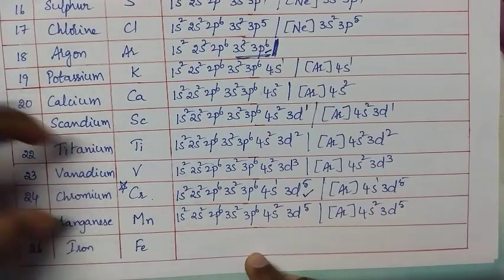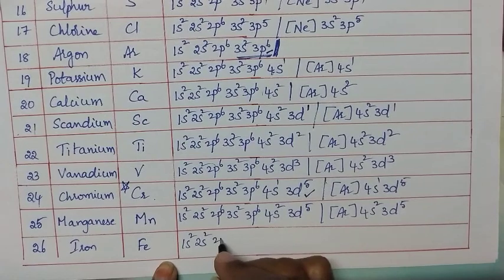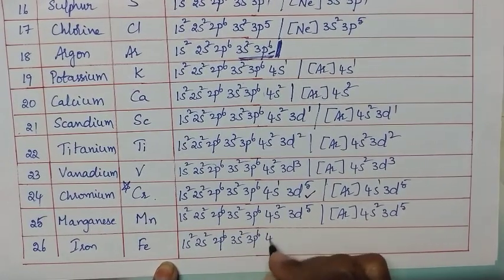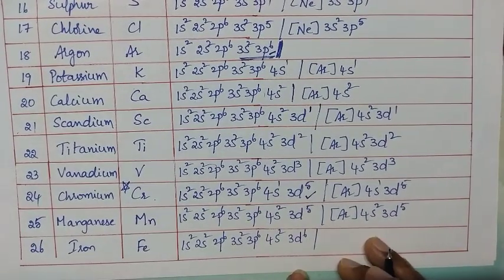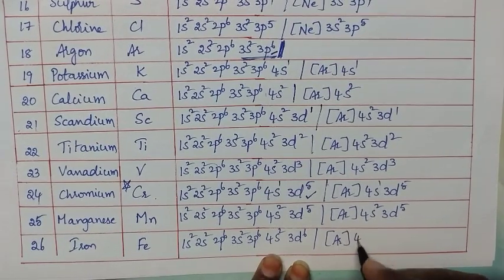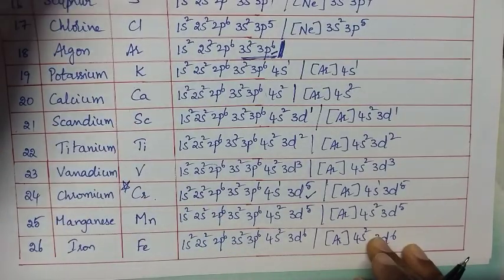And coming to the iron, its configuration is 1s2, 2s2, 2p6, 3s2, 3p6, 4s2, 3d6. And it can also be represented as argon 4s2, 3d6. Is it clear, students?